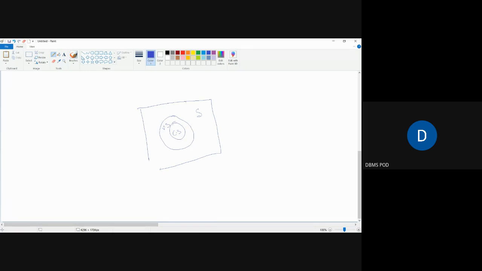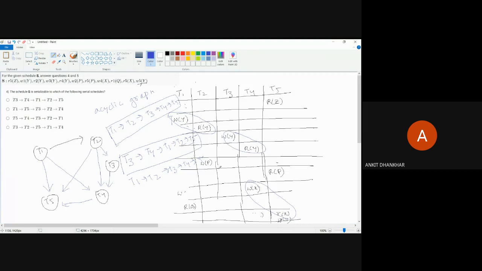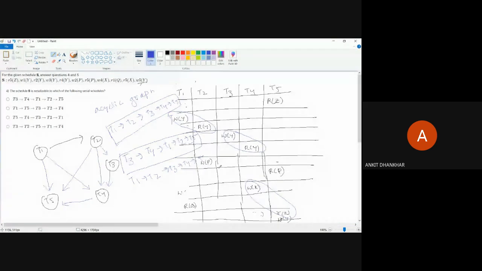For conflict serializable, when we perform read and write operations, if there are conflicts but the graph does not become cyclic, then it is conflict serializable. For any schedule, we have to draw the precedence graph. If it is a cyclic graph, then it is not conflict serializable.